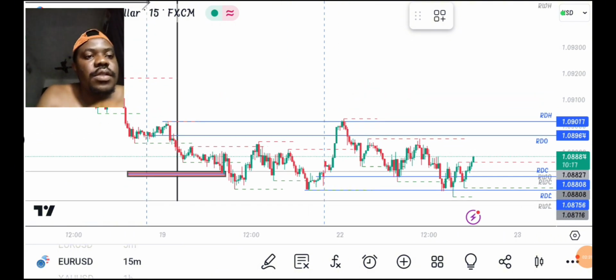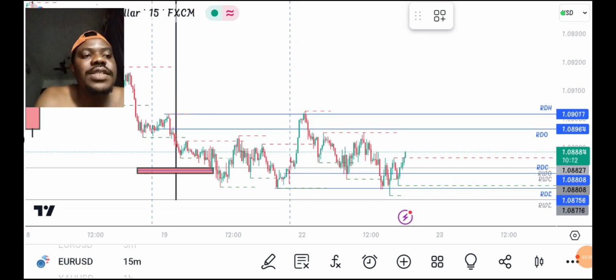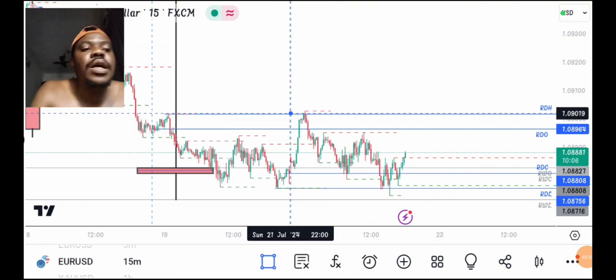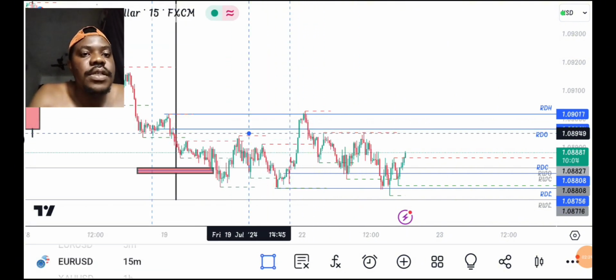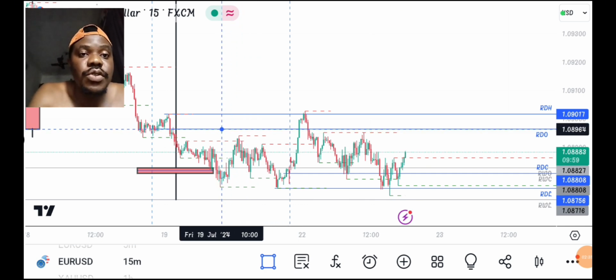So this is it. What you want to do now, after you've gotten your recent daily high, recent daily open, recent daily close, and recent daily low, is take your rectangle tool and draw a box at the side of your screen where it's not going to interfere much with price action.